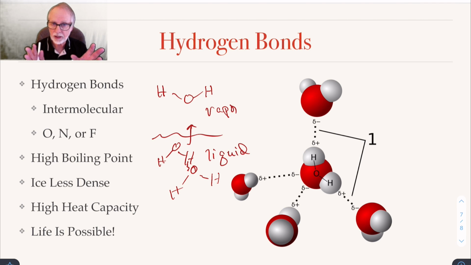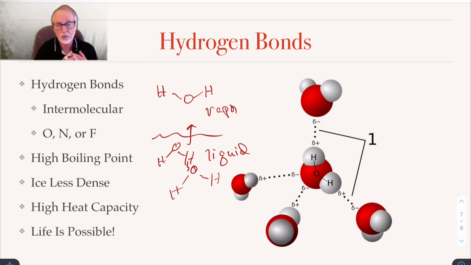Without hydrogen bonding, the boiling point would be much lower, and in fact, water would be a gas at normal temperatures and pressures. And we wouldn't exist if that wasn't the case. I mean, water has to be a liquid in order for us to exist. And so that hydrogen bonding is key to that, because the boiling point is well above, at 100 degrees Celsius, it's well above typical temperatures. So the high boiling point, it contributes to a high boiling point.